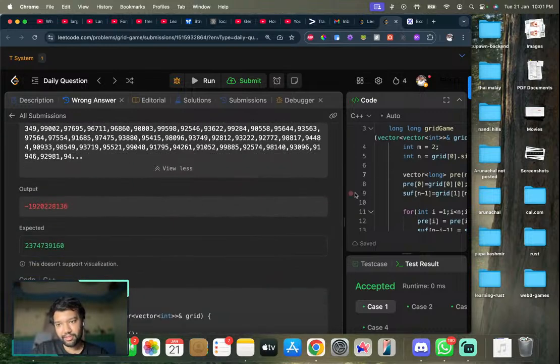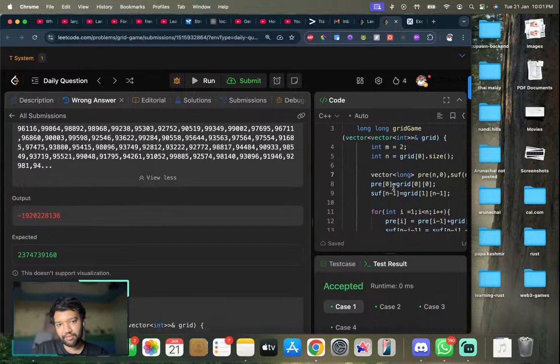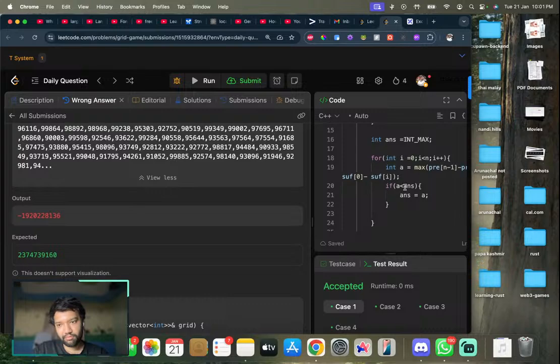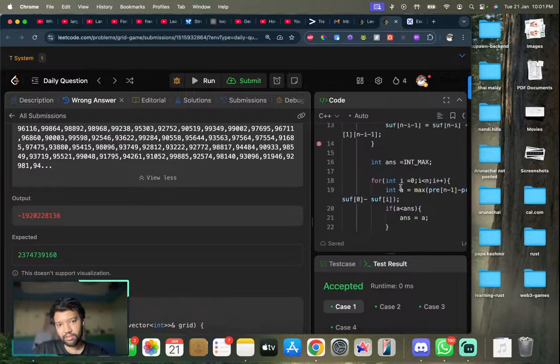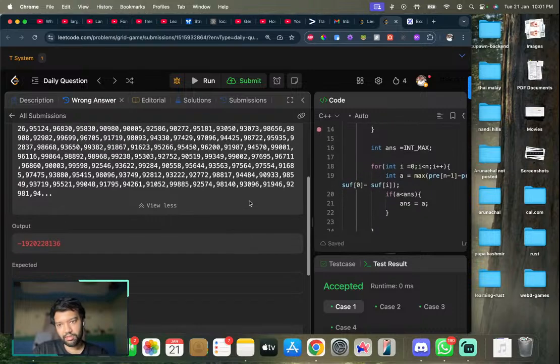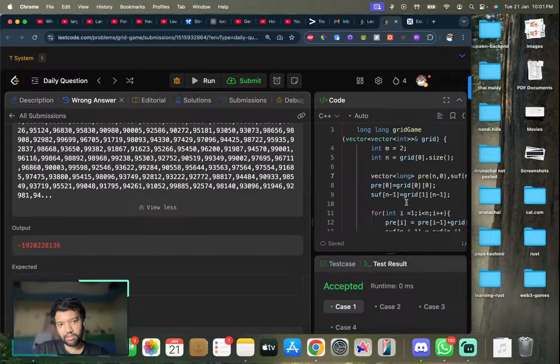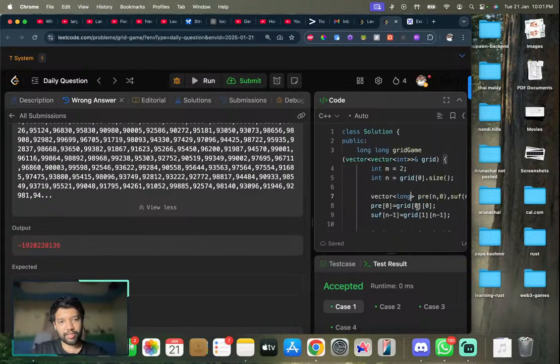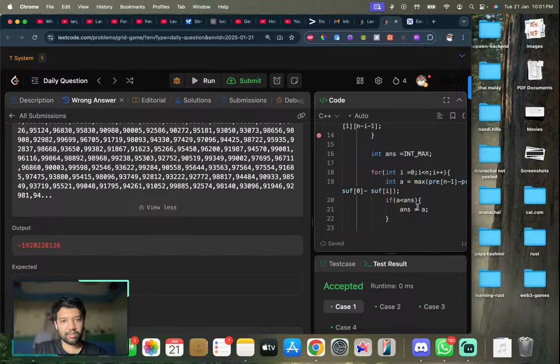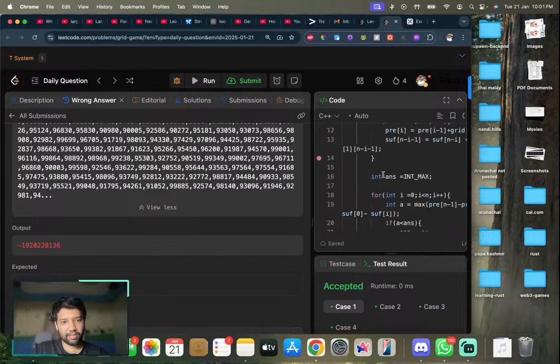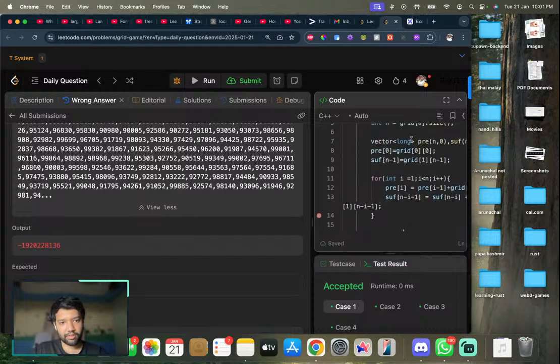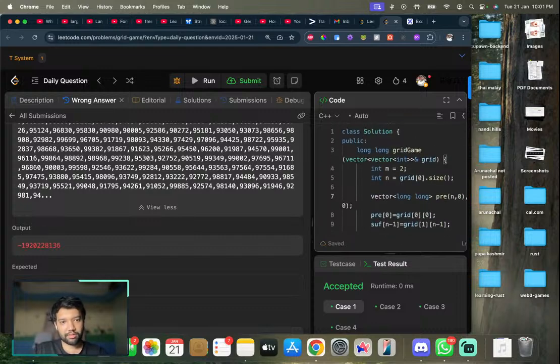But my output is negative something. So let's make, okay, I guess long long, long long.